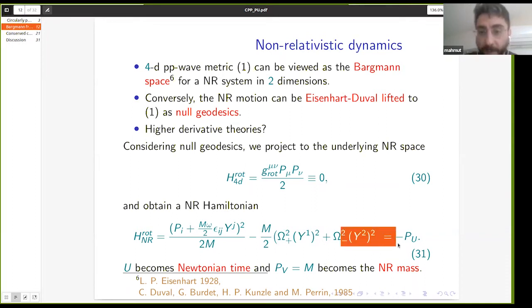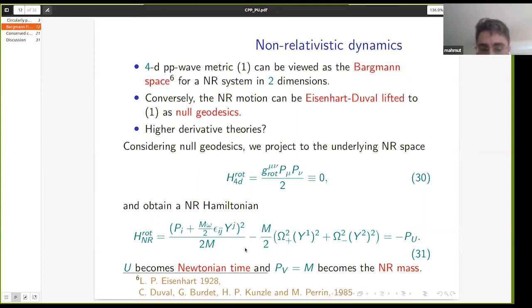And it will be equal to exactly minus pu. So you see, this non-relativistic Hamiltonian has a four-dimensional phase space, right? Because it is only the pi's, so two momenta and two canonical coordinates.